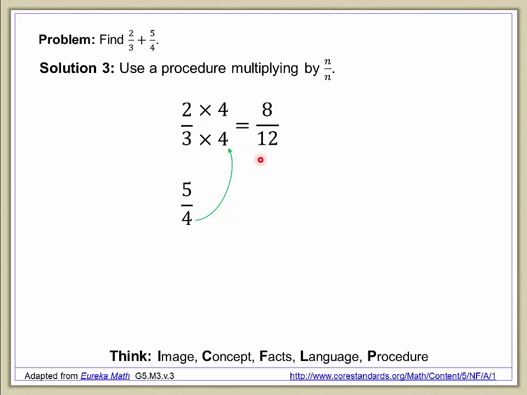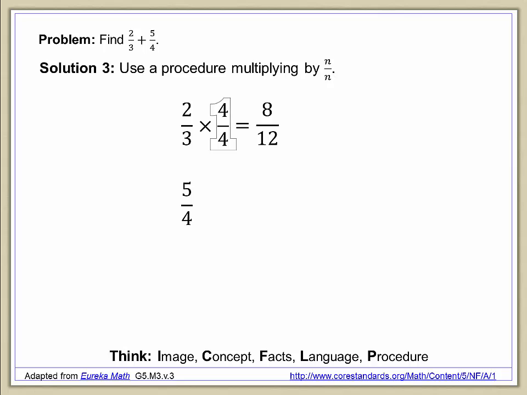We haven't worked with multiplying fractions yet, but you'll recognize this process as multiplying by the fraction 4 over 4. When we look at 4 over 4, we recognize that it's actually equal to 1, and we haven't changed the value of 2/3 when we multiply it by 1.